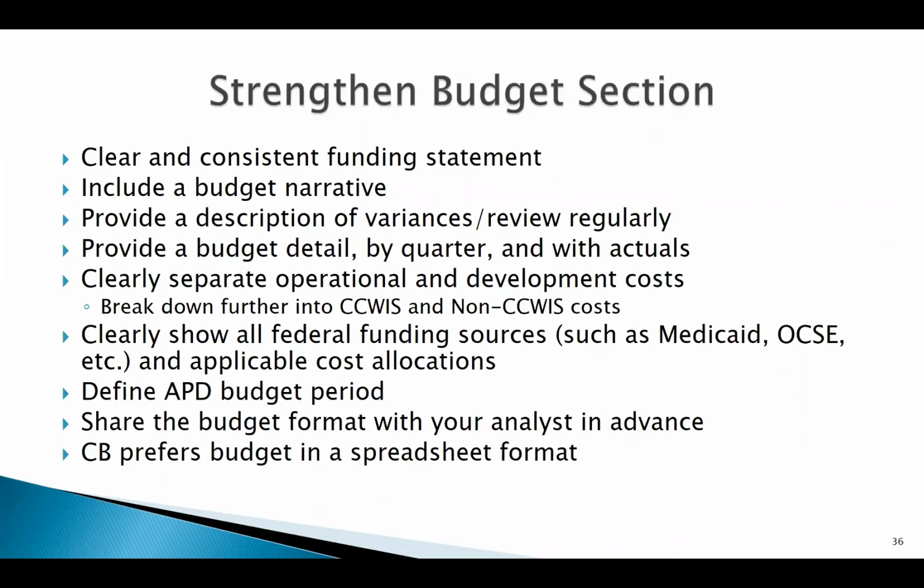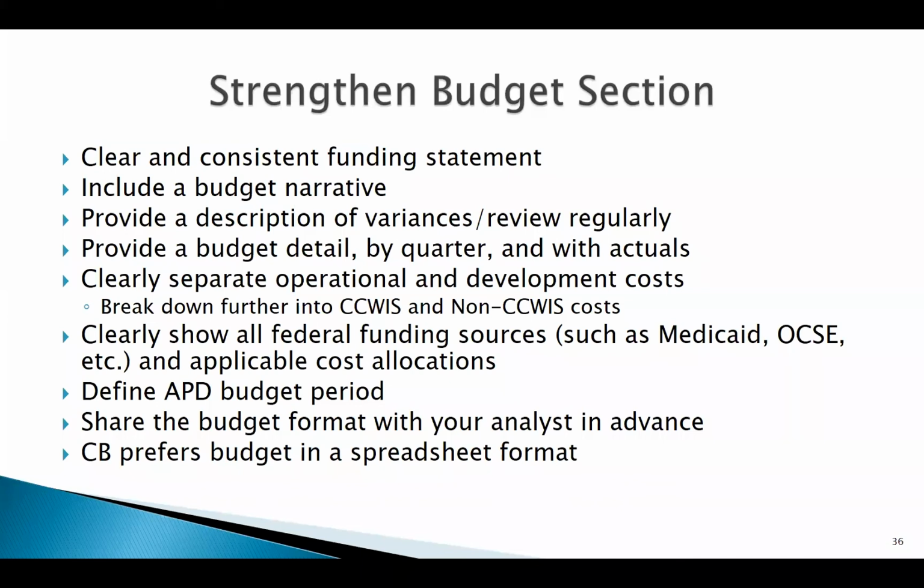So we talked a little bit about the budget, and this is probably an area where, aside from cost allocation, we probably have the most back and forth between CB and state. We talked a little bit about having that funding request in your submission letter, and having those numbers be consistent throughout your document is really helpful.